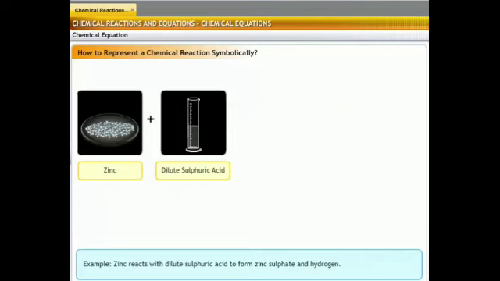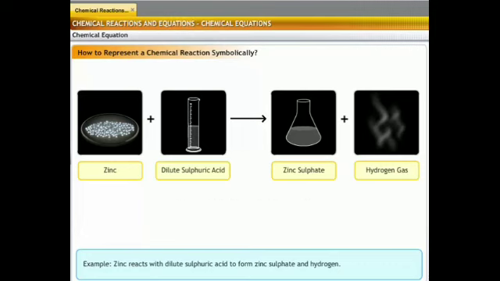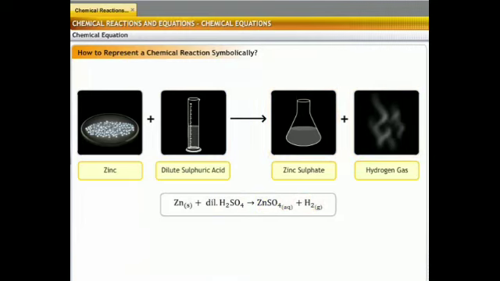Now how to represent this chemical reaction with the help of symbols? Zinc reacts with dilute sulfuric acid and forms zinc sulfate and hydrogen gas. For zinc we have taken Zn, dilute sulfuric acid H2SO4, zinc sulfate ZnSO4 plus hydrogen gas.